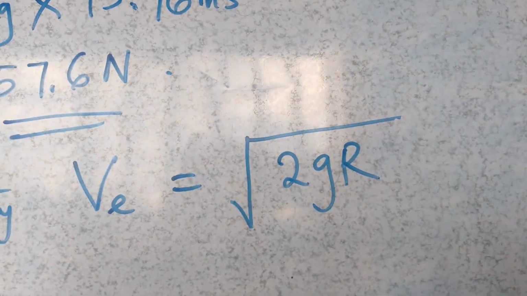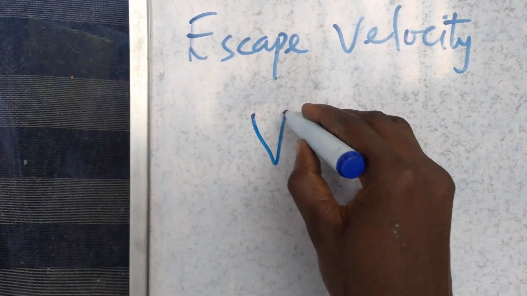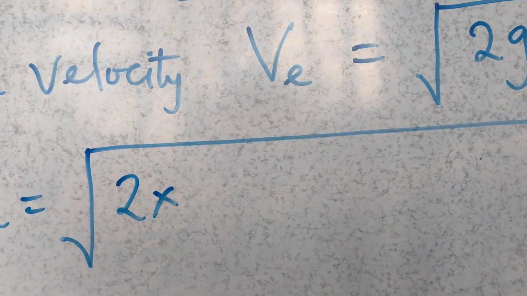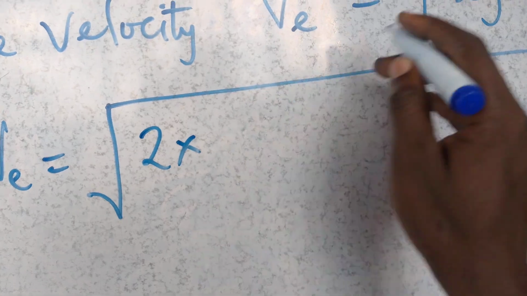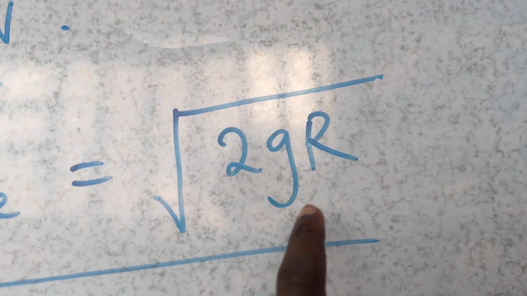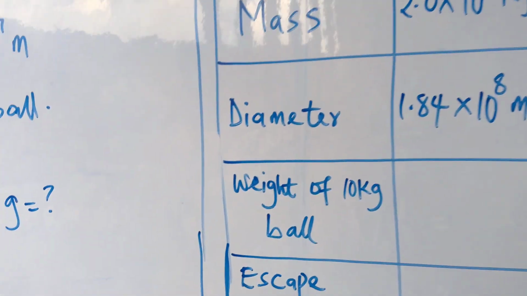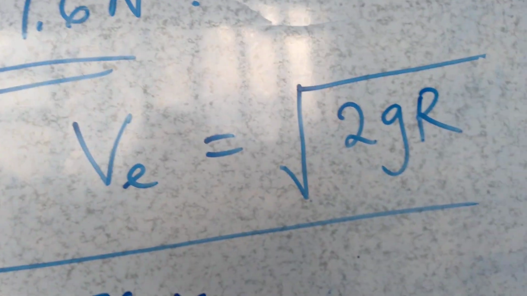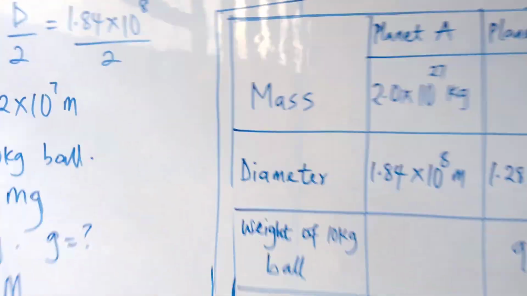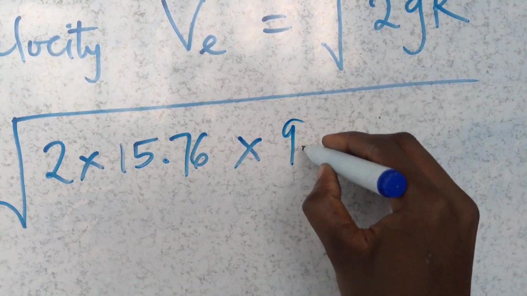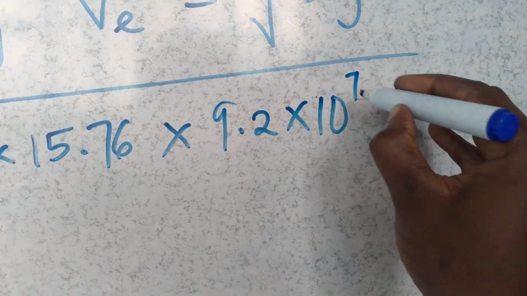So VE will be the square root of 2 times small g, the acceleration due to gravity on that planet, which we had as 15.76, multiplied by the radius of that planet, capital R, which is 9.2 exponent 7.